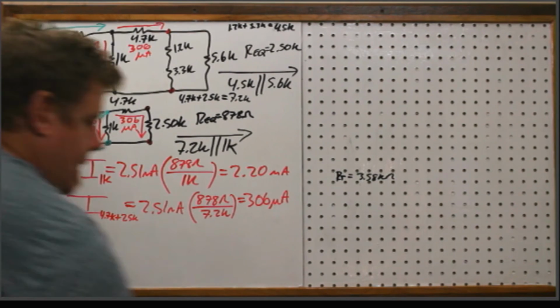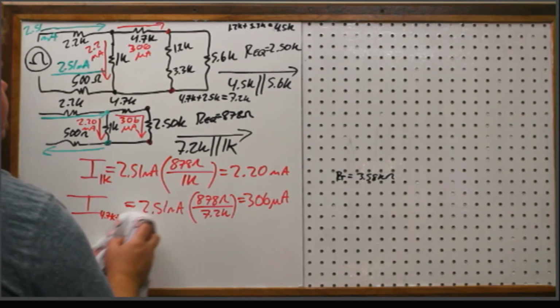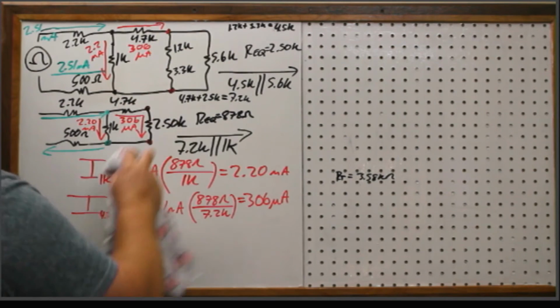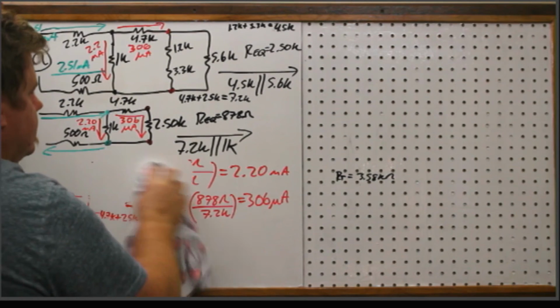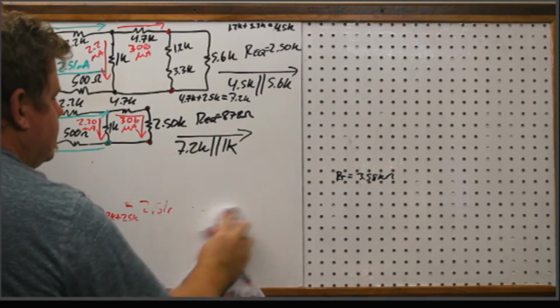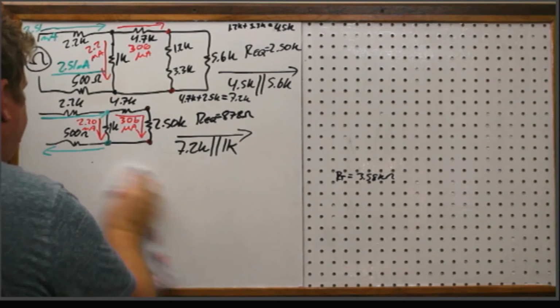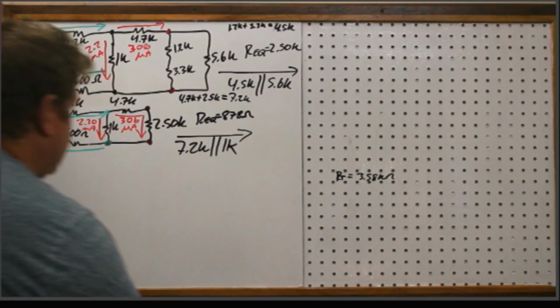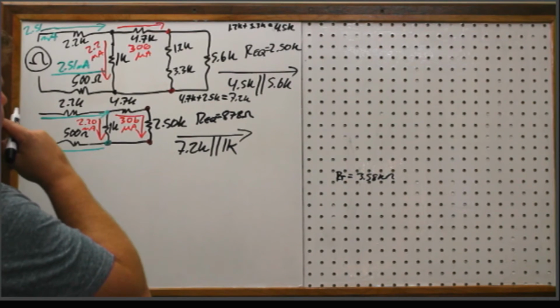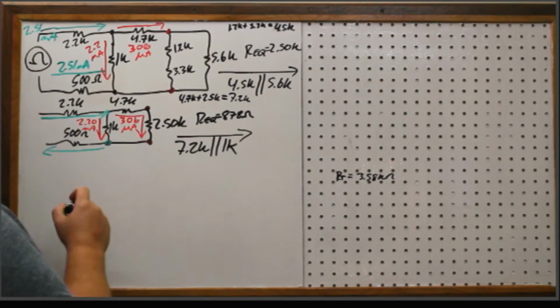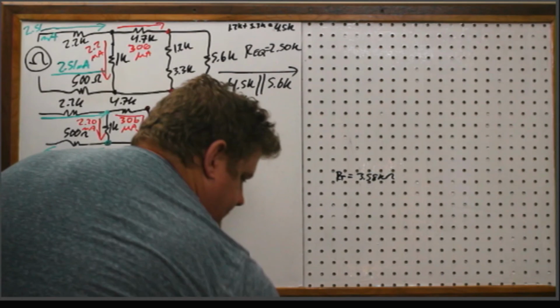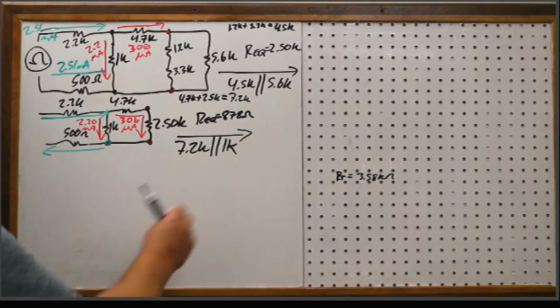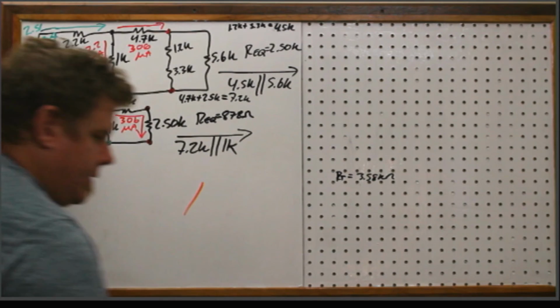So now I'm going to go ahead and erase this so I have some room. So now I'm going to figure out how it splits up with these two. All right, so up at the top here, I'm running out of colors. I think the orange doesn't show up well enough.